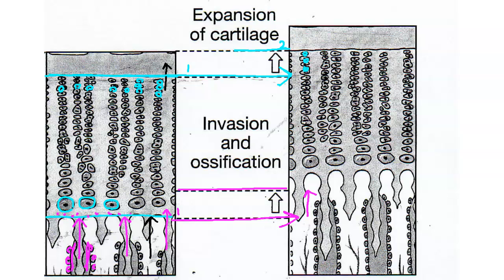And so what we want to notice here is that as long as the bone growth is equal to the cartilage growth, then the cartilage will keep outrunning the invasion of the bone, so to speak. And what's happening is the epiphysis, the end of the bone out here, keeps getting pushed out further, and that's how the bone grows longer.